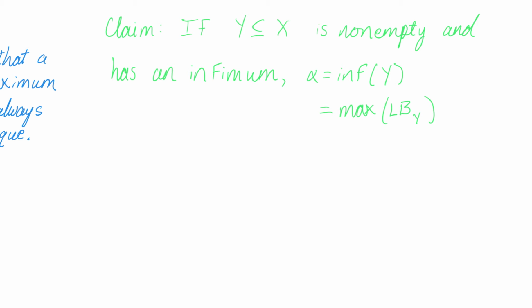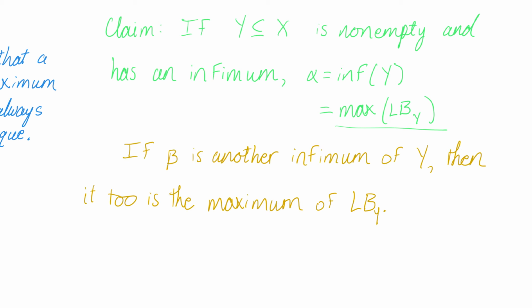And recall what it means to be an infimum: it is the maximum over the set of all lower bounds. Now, if we imagine that there is another infimum of Y, call it beta, then by definition beta is the maximum of the set LBY, the set of lower bounds again.